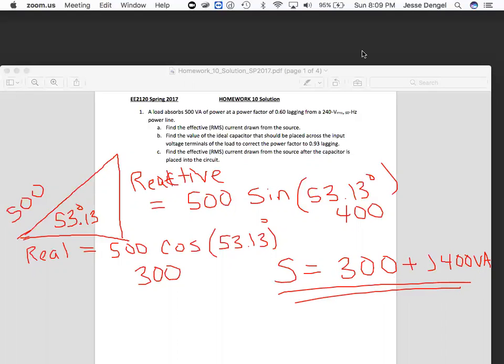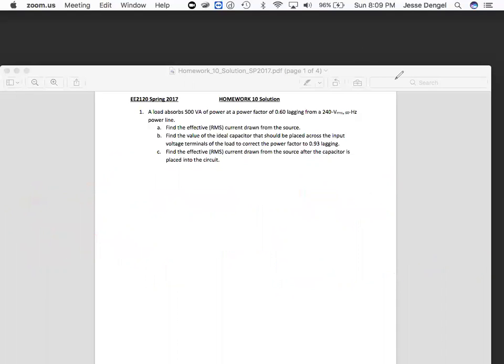Clear. So that's what we have now. But we want our power factor to be 0.93. So what is 0.93?